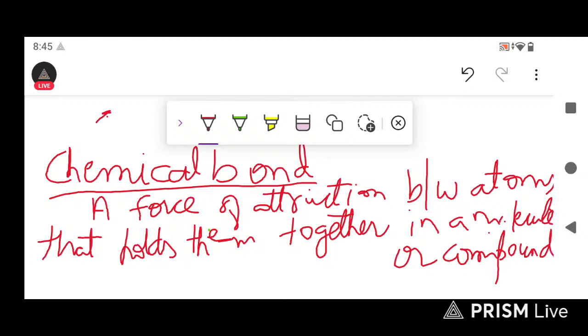This is the definition of chemical bond, and I have already explained why atoms form chemical bonds.